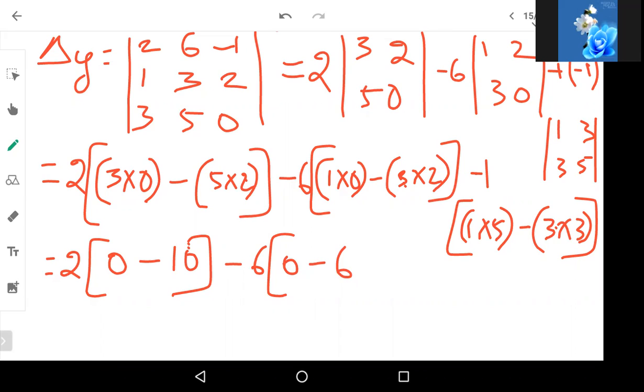And then minus 1 into 1 into 5 is 5, minus 3 threes are 9. Correct? Here you don't have any minus sign too much in any place. Yeah, correct, Arpita. Now start solving.